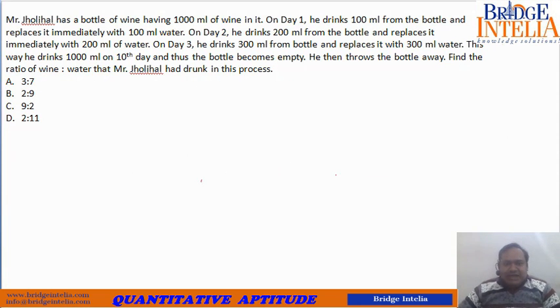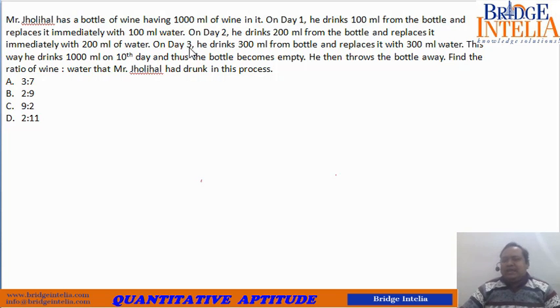Okay, now let's have a look at this question. Mr. Jholihal has a bottle of wine having 1000 milliliters of wine in it. On day 1, he drinks 100 milliliters from the bottle and replaces it immediately with 100 milliliters of water. On day 2, he drinks 200 milliliters from the bottle and replaces it immediately with 200 milliliters of water.